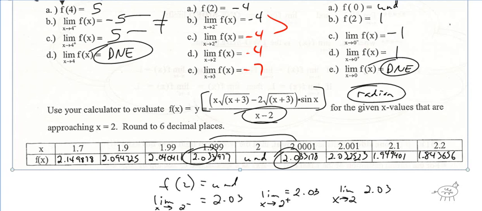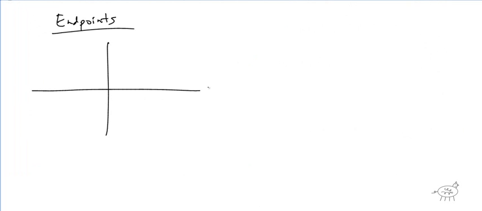All right, not too bad. Okay, so the last thing, math fans, I'd like to talk a little bit about endpoints. Okay, so this is endpoints. If I think about it, let's actually just make a quick graph here.